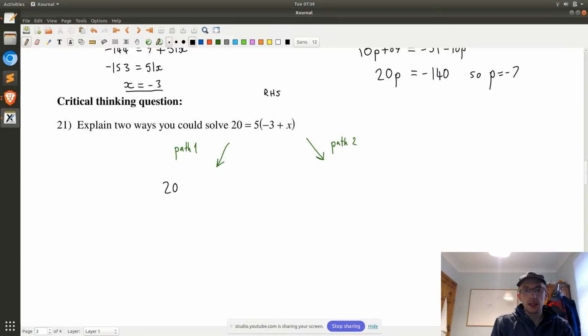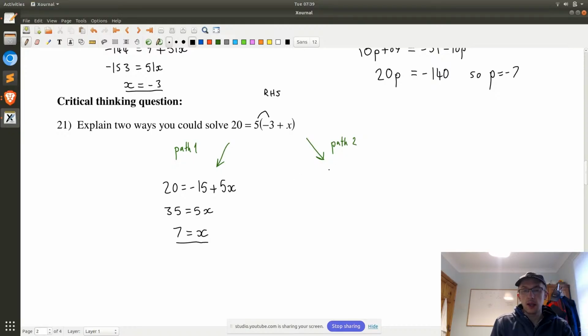So 20 equals -15. That's 5 times -3 and plus 5x like that. Then add 15 to both sides. So 35 equals 5x. Divide both sides by 5. So 7 equals x. That's path 1.